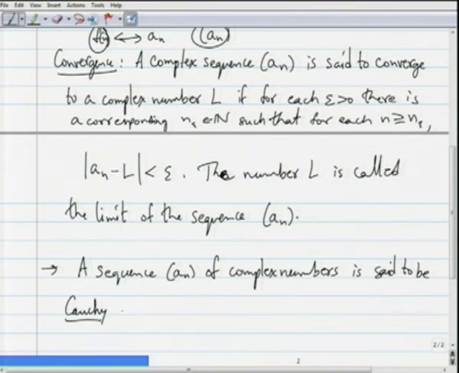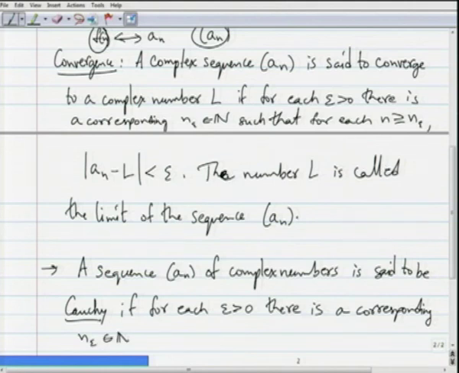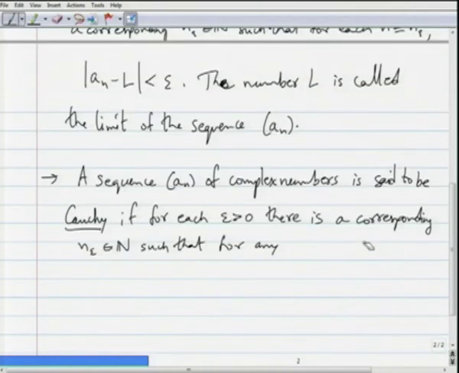if for each epsilon greater than 0, there is a corresponding n epsilon belonging to the set of natural numbers, such that for any m bigger than n epsilon and n bigger than n epsilon, the modulus of the difference a m minus a n is strictly less than epsilon.